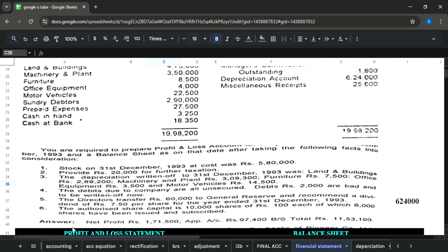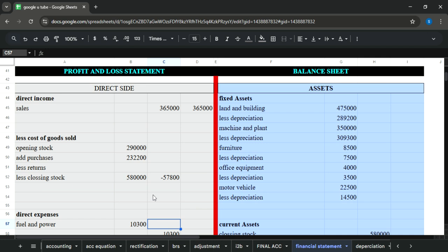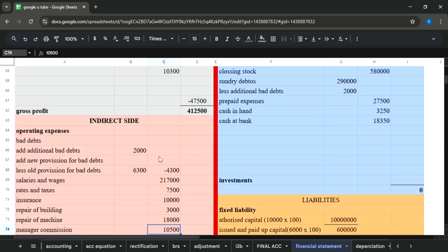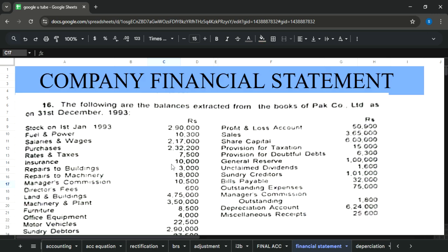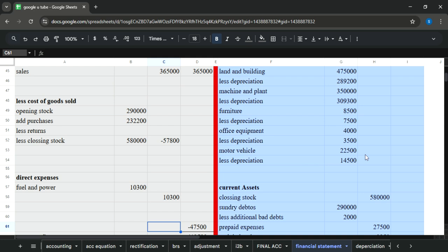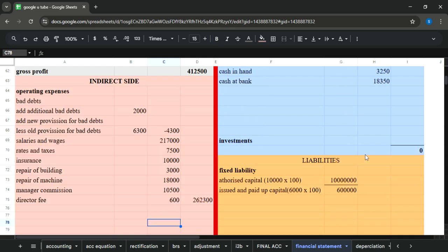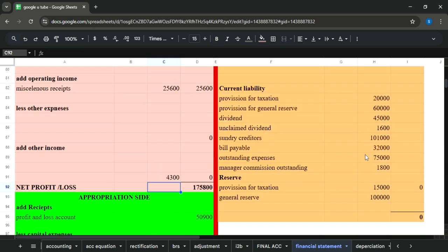This answer available over here is 175,000, while the adjustment related to bad debt has been skipped. Look, in trial balance, provision for doubtful debt 6,300 was also present, and it has been skipped. So we are not skipping it. Let's forward ourselves and see what happens.